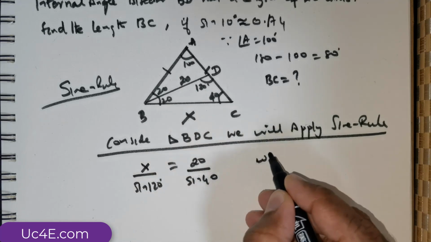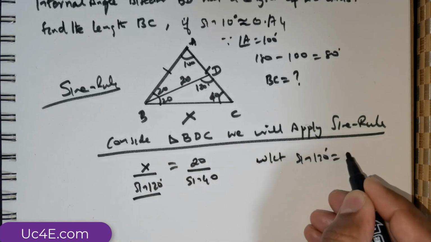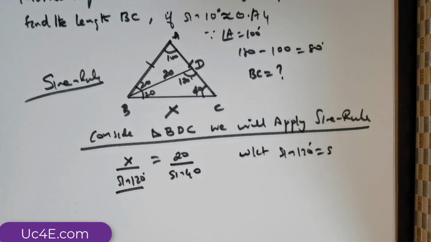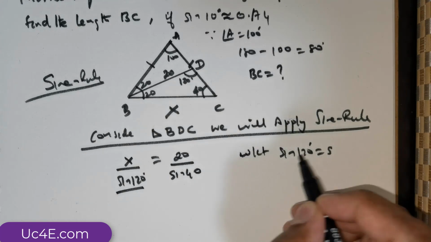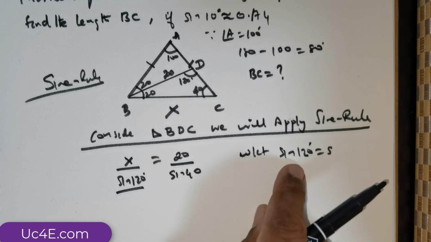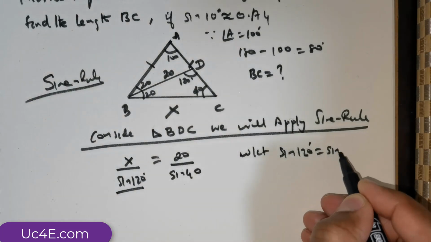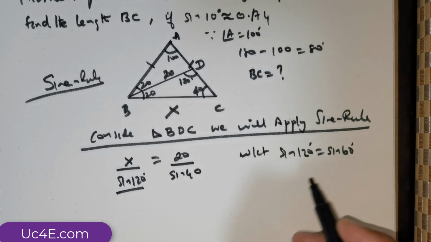But we know that this is a popular angle. Sine 120 degrees, we can get it easily, which is going to be sine 60.